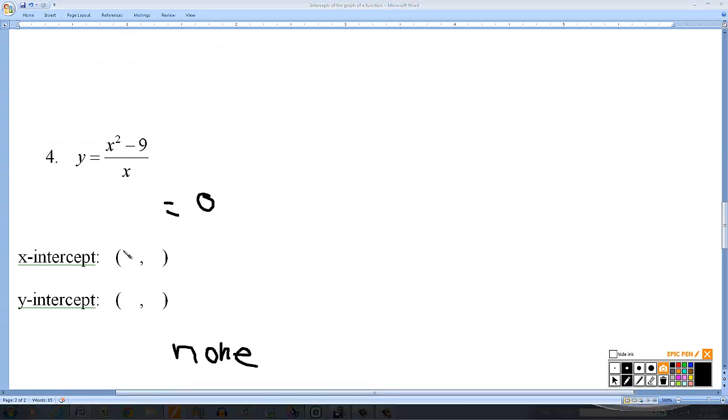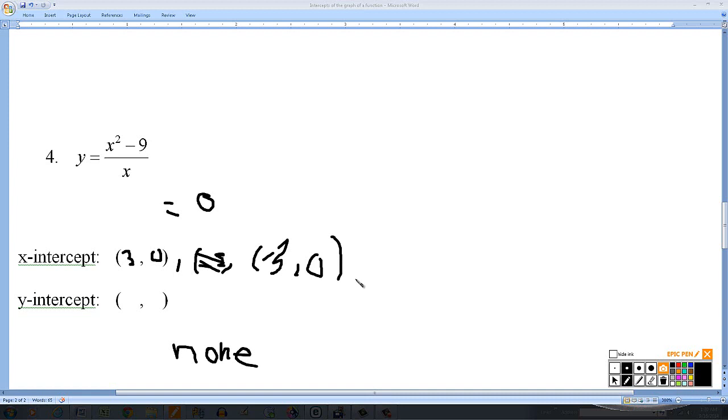So one x-intercept is going to be (3, 0), and the other one is going to be (-3, 0). Okay, so two x-intercepts, (3, 0) and (-3, 0), and we don't have a y-intercept for this particular one.